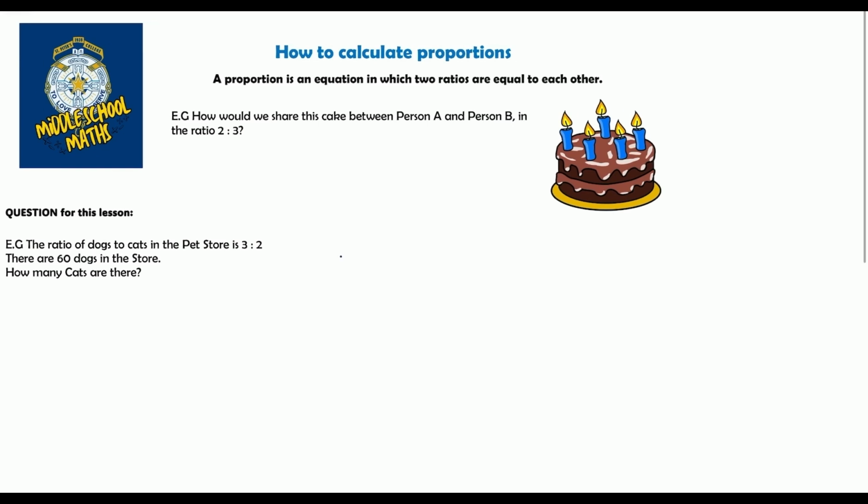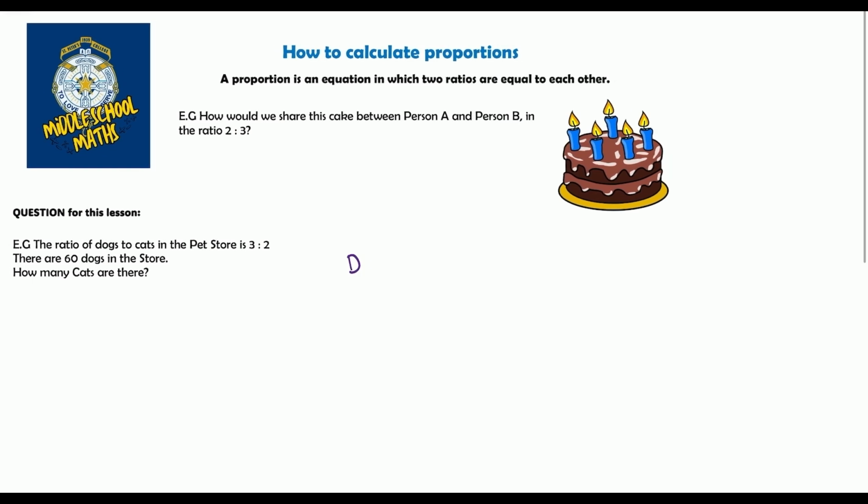All right, so if we put dogs here to cats over here, we know that it is 3 to 2. Now, because we have been told how many dogs there are, we can automatically put down our 60 underneath here.